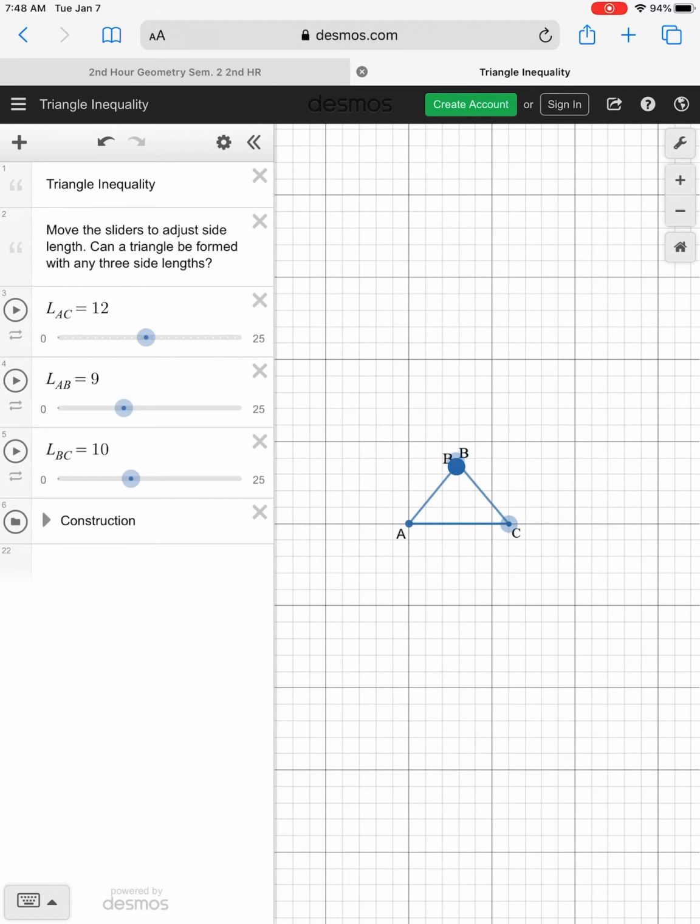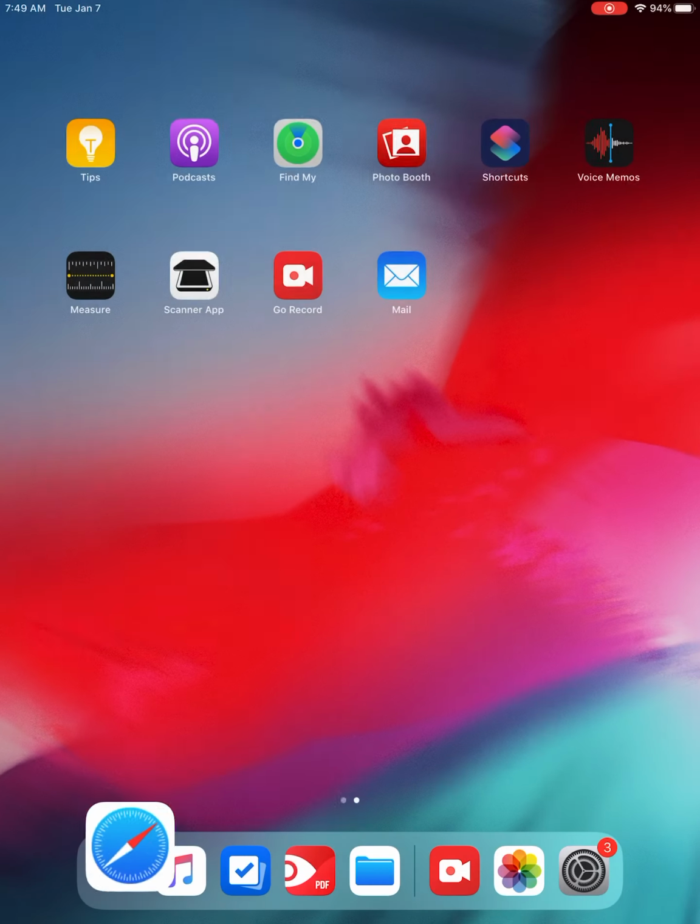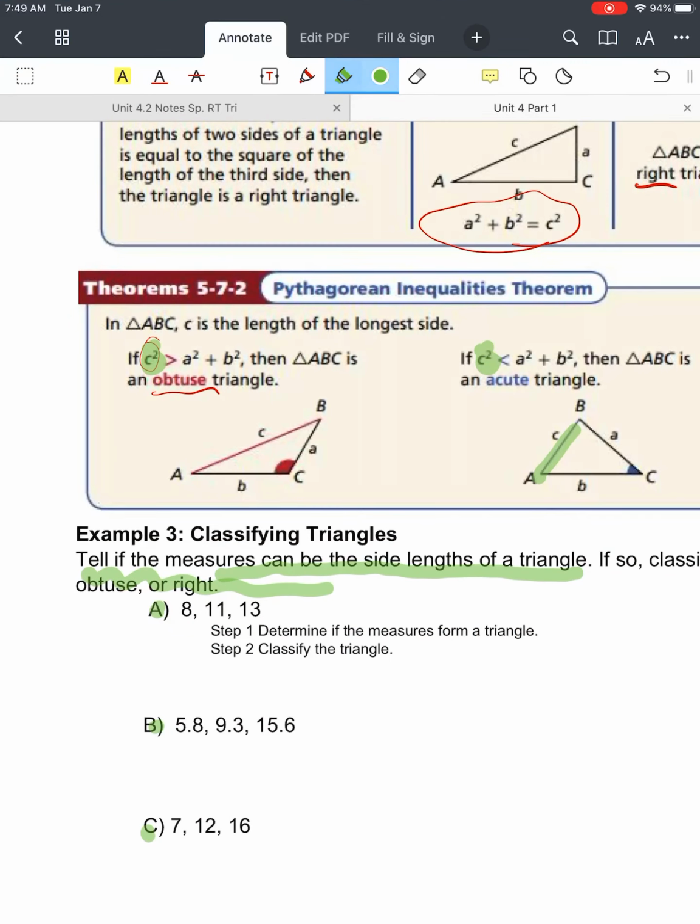So we always have three numbers. We're going to look at those three numbers and decide which one is the biggest. We're going to decide that 13 is the largest because 8 and 11 are smaller than it. So this is our biggest number. Right off the bat, I know that's going to be my C if I have to do the Pythagorean theorem.